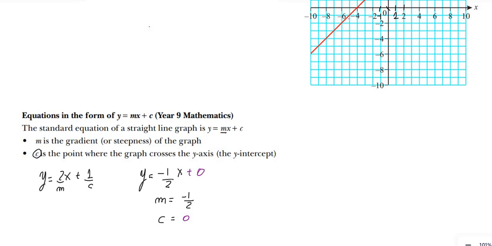In this case, since you have a number 1, then c equals 1. Okay, c is the number that is not linked with the letter x, okay? m, the gradient or steepness, is linked to the x. And the other number, in this case number 1, is c, and is the point where the graph crosses the y-axis, the y-intercept.